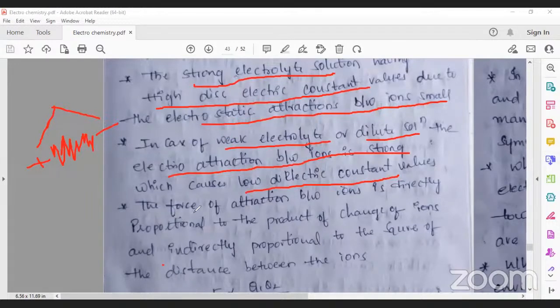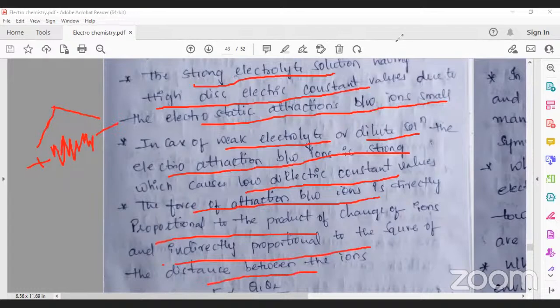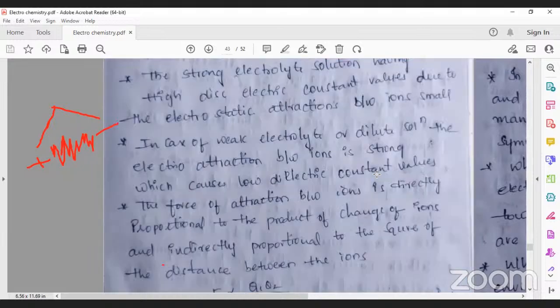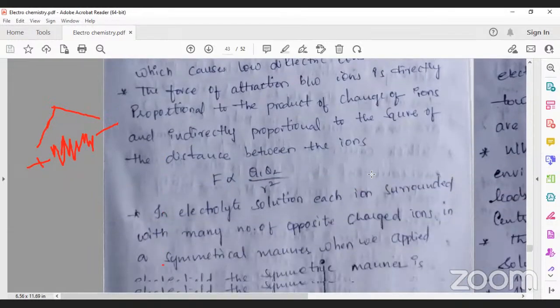Then the force of attraction between these ions is directly proportional to the product of the charges of the ions and inversely proportional to the square of the distance between them. This is according to Coulomb's law. We know this law, right? That is F is equal to Q1 Q2 by R square.